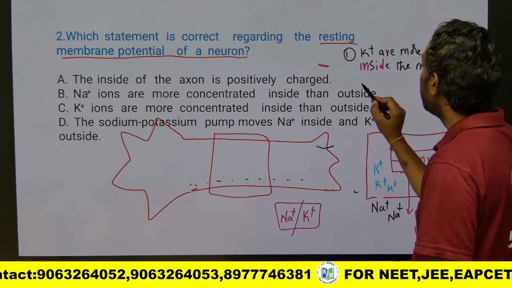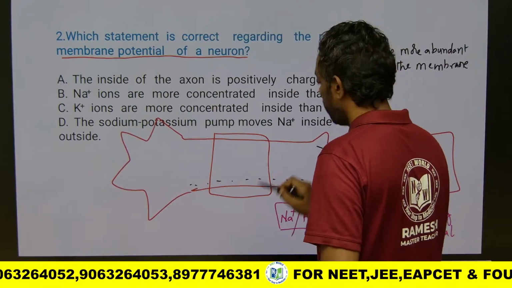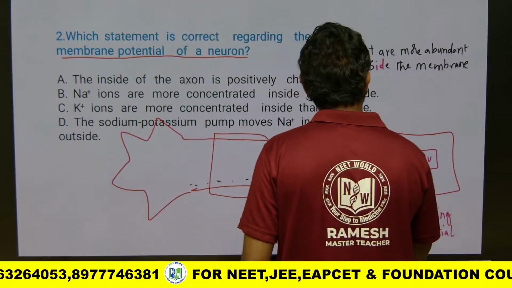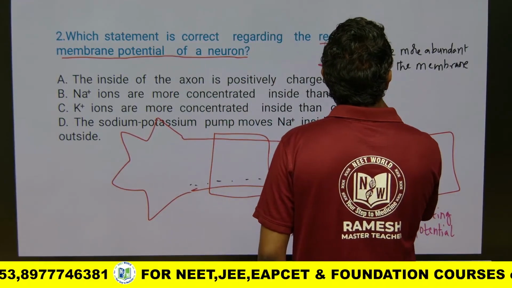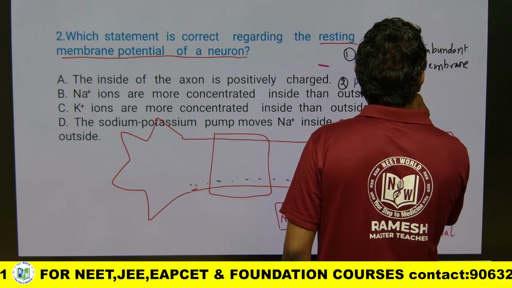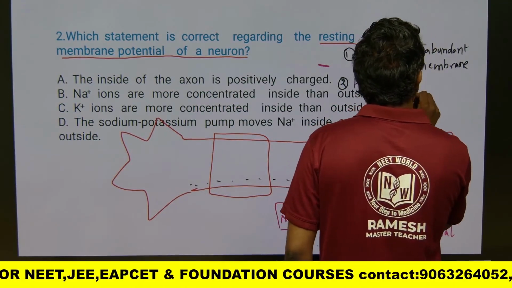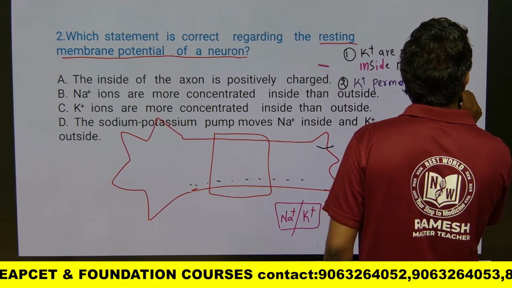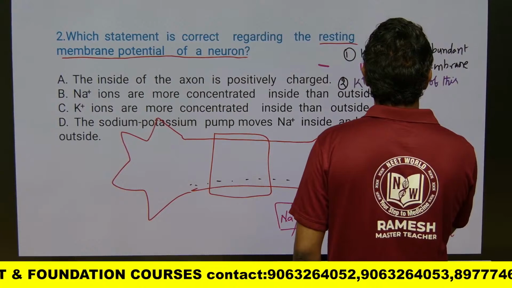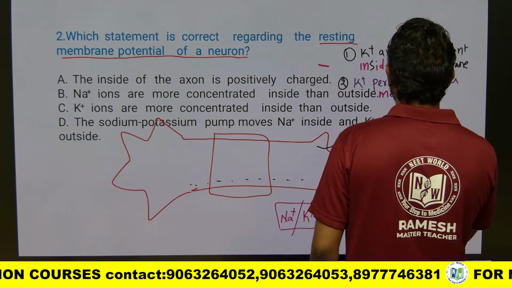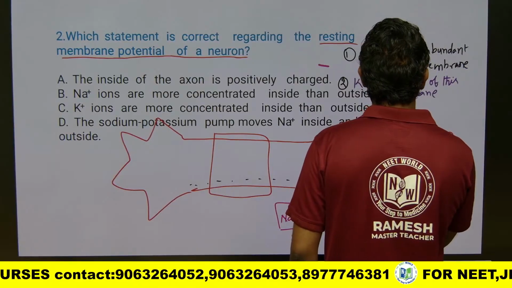The second condition: potassium is permeable across this membrane, while sodium is almost impermeable.